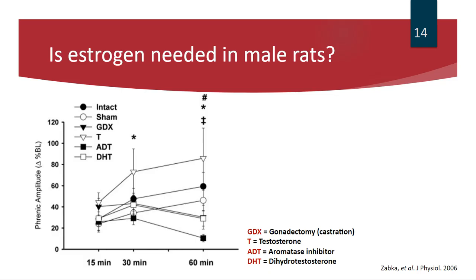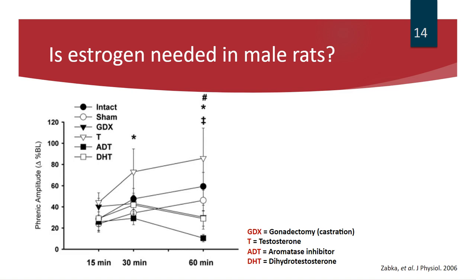But then the authors were left with a little bit of a tricky interpretation, because we just mentioned that testosterone can work on its own, or it can be converted to estradiol. So they took the extra step to try to see whether it was the testosterone that was important for plasticity, or whether it was the estrogen that testosterone was converted into that was important.